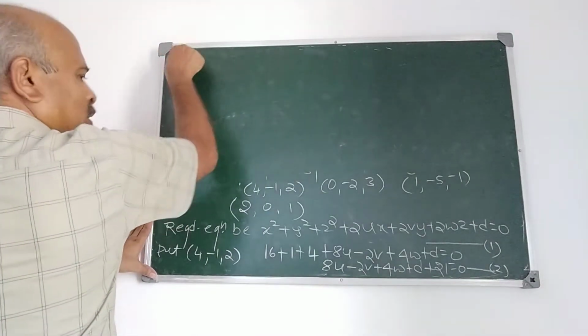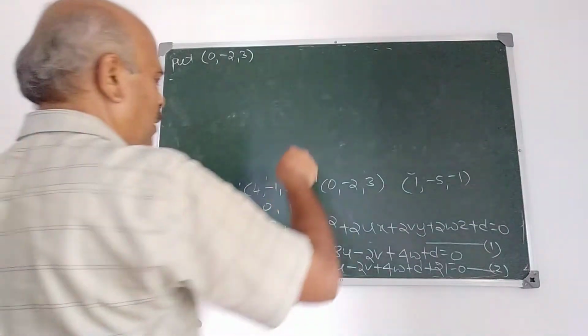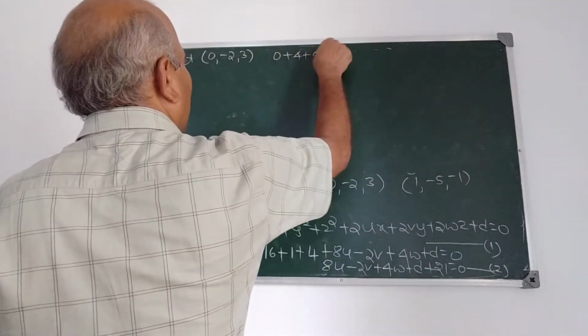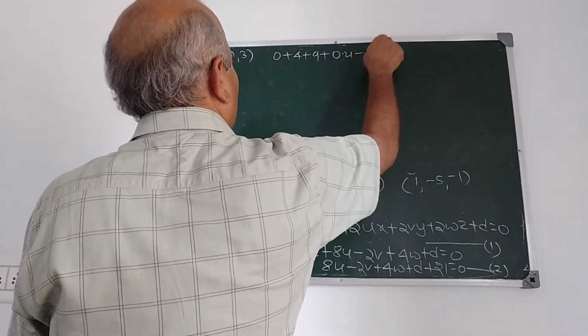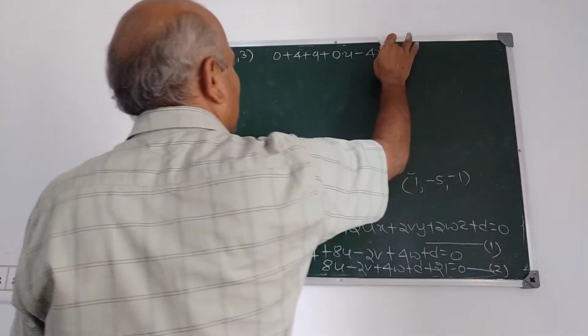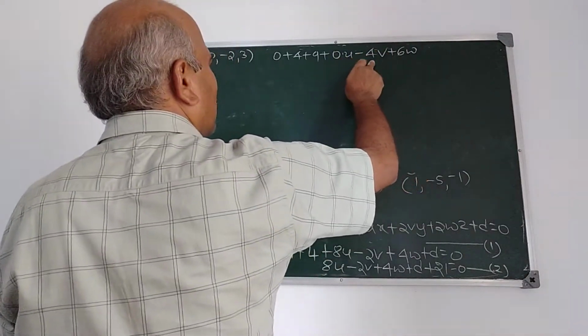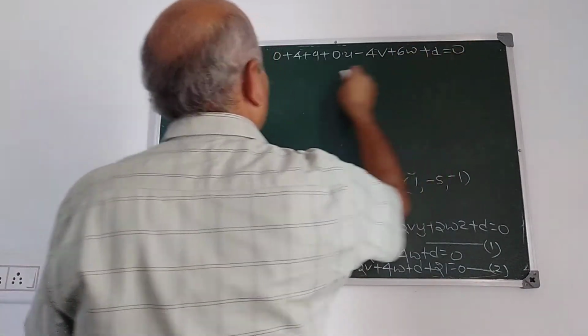Similarly, substitute (0, -2, 3) in 1, we get 4 plus 9 plus 0u minus 4v plus 6w plus d is equal to 0.